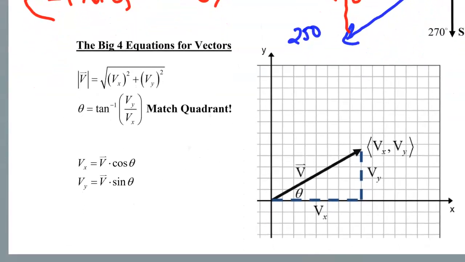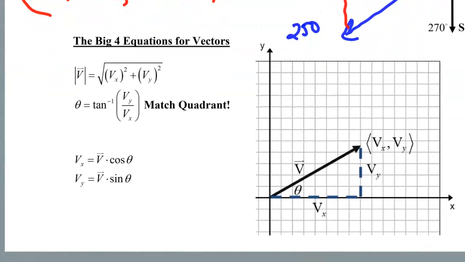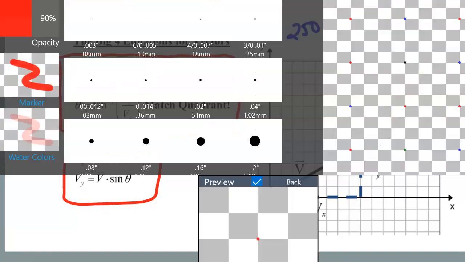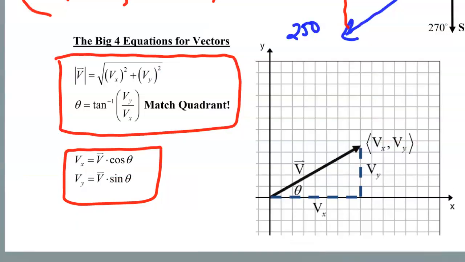So let's talk about our summary. Here's my big picture. I have an x component, I have a y component, I have my vector, I have my angle, and here are my big 4 equations. The first two I use when I know my components.